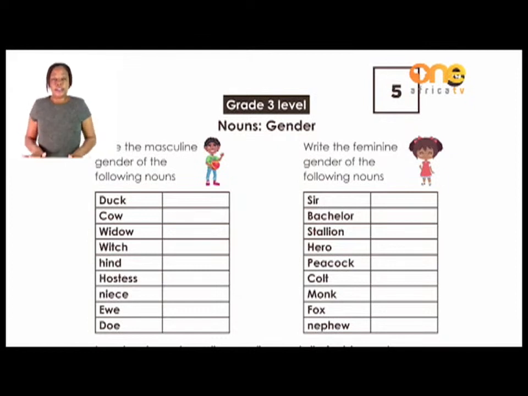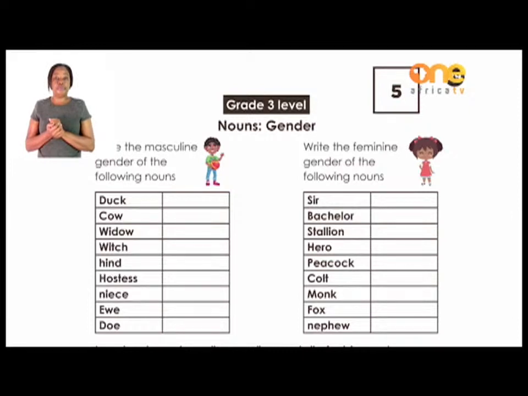So masculine refers to the boys' side, and feminine refers to the girls' side. Are we together? So of gender, we only have 2 genders. It's either you are a male or you are a female, you are a girl or you are a boy. Are we together? That is what gender means. Okay.